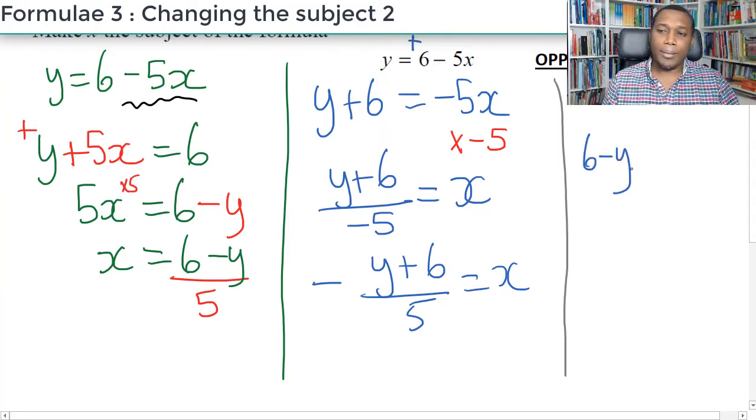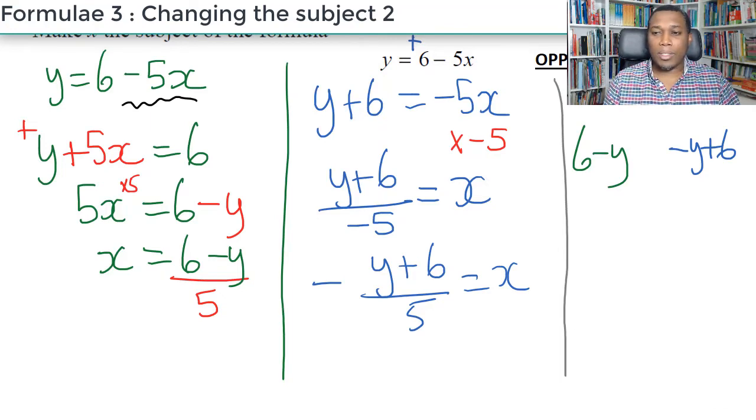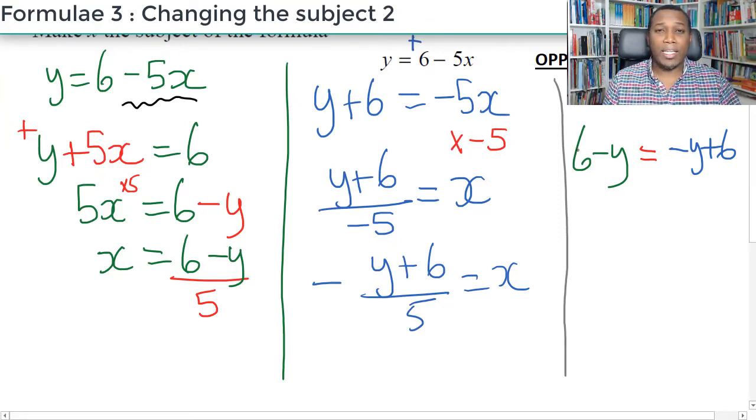6 take away y. That's what we had here, and I'll put it back in green actually. 6 take away y. On the other side in blue we have minus y plus 6. And what I'm saying is that they are equal, because all that's happened is the order. Remember, what is that 6? Is that 6 positive or negative?